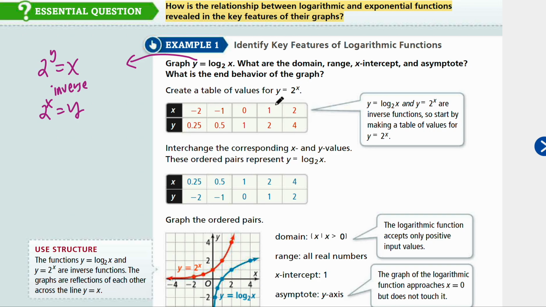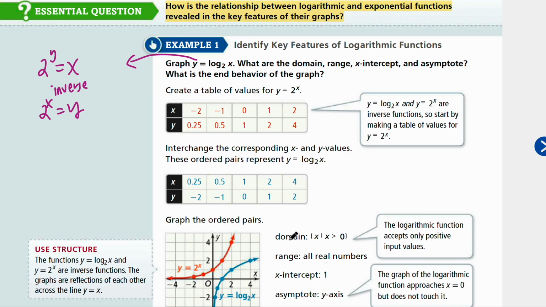And then you switch x and y to get the values for log base 2 of x, because there's no way you can do this by hand without this scale, right? So if you don't have a calculator, this is the method you have to use to graph log functions. Think about it as an exponential function, and then use the inverse of that.